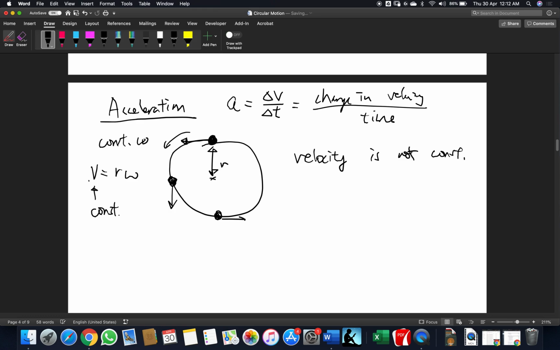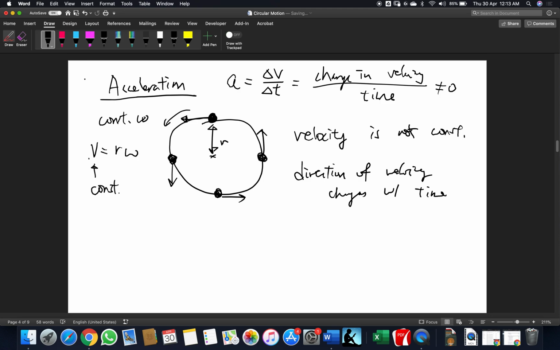The arrows I drew here are the direction of the motion, and the direction of the velocity changes with time. Velocity is a vector, so the velocity keeps changing during the motion. That means the change in velocity is not zero. Therefore, the acceleration is also not zero. That's the concept I want you to know about.